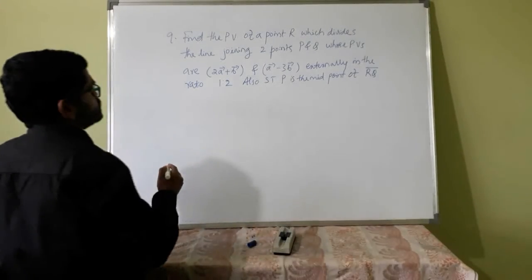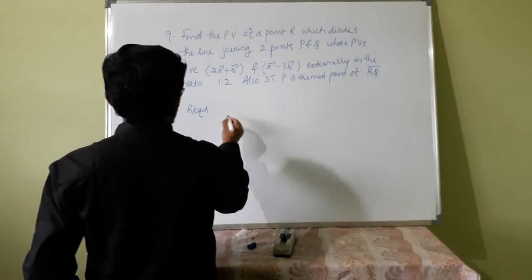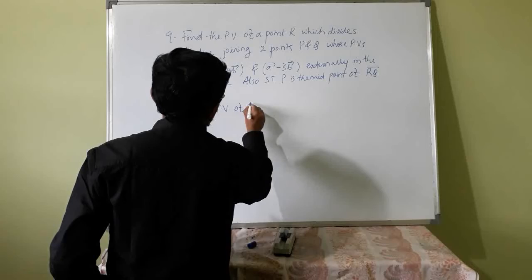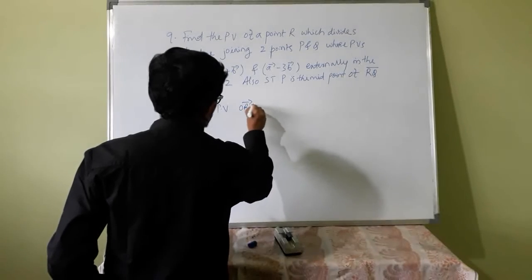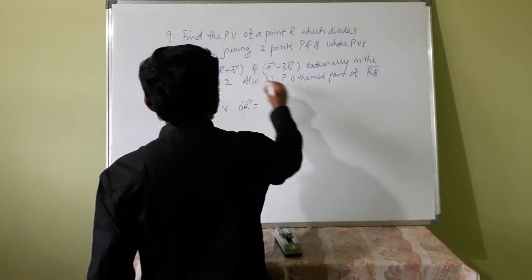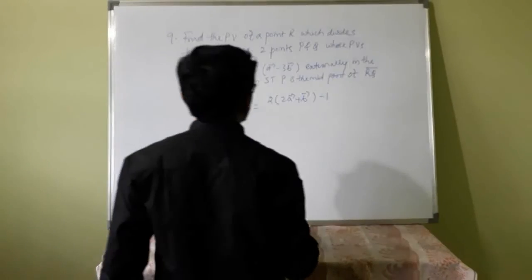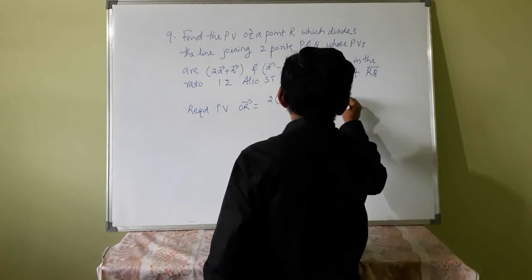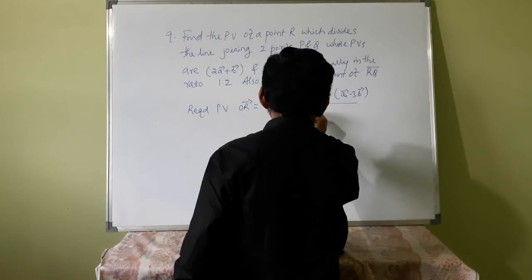So the required position vector of R, OR, is equal to 2 into 2a plus b minus 1 into a minus 3b, divided by 2 minus 1.